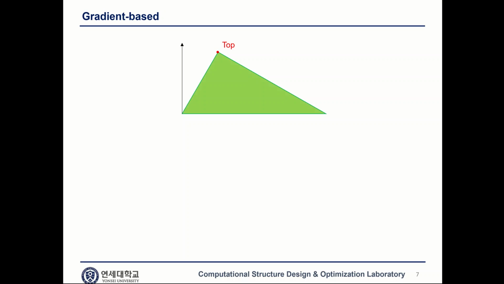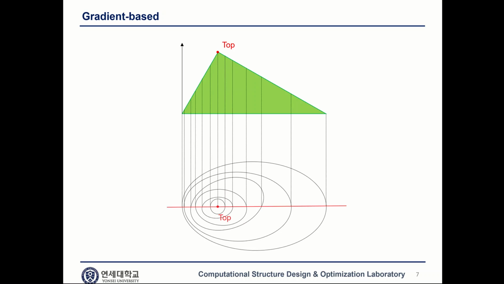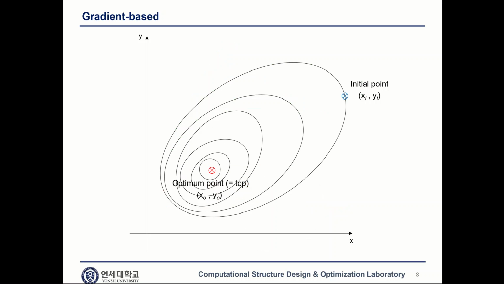We can schematically simplify the mountain from our view, and a contour map can be created where the positions with the same altitude are connected. Regarding the top as the optimal point and the altitude as the objective value, the problem is how to arrive at the optimal point from the initial point. The answer is simple. Go straight.